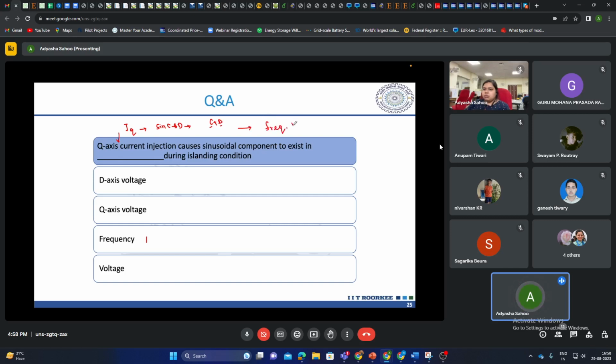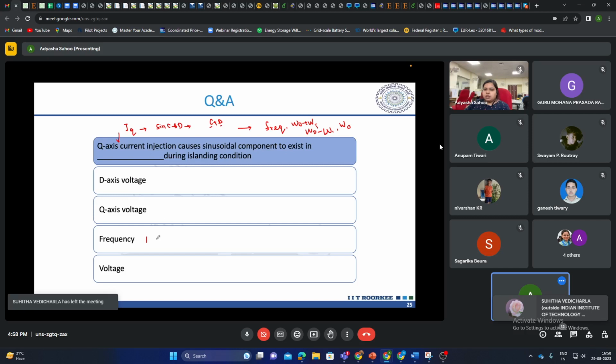Basically there may be addition of the two frequencies, or there may be subtraction. These types of harmonics arise due to this current injection. So as rightly said, this will be frequency.